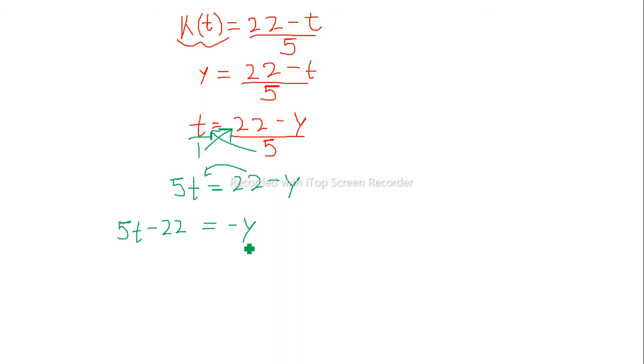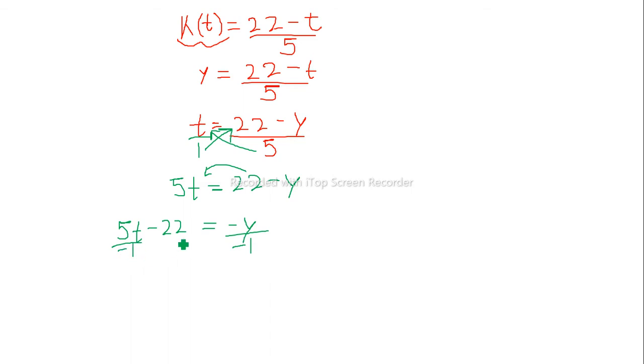Now, are we done though? No, remember we have this negative sign up front, so we have to divide both sides by negative 1. That's the difference with this question.